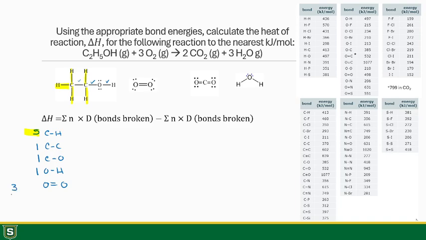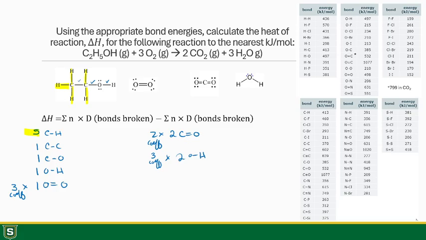So it's 3 coefficient times 1. There's only 1 within it, but it's 3 of them because I have 3 here, whereas I only had 1 of these. And then on the ones being made, I have within the CO2, note that I have 2 C double bond O bonds, but then there's 2 of them. And then in this product, I have a coefficient of 3 times, again, I have 2 OH bonds.